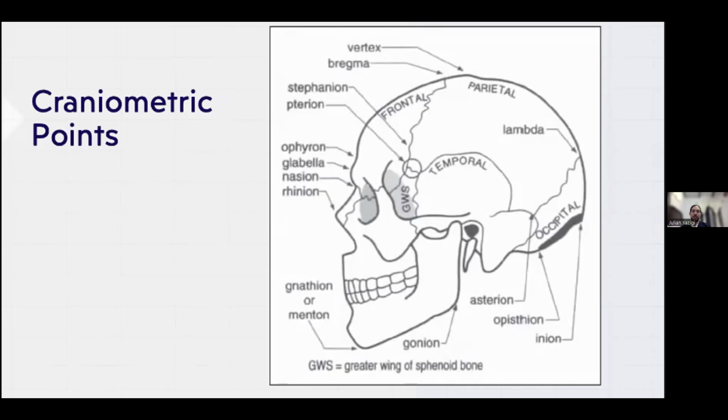The asterion-inion line approximates the course of the transverse sinus, while the asterion-mastoid trajectory reflects the course of the sigmoid sinus. These relationships are fundamental when placing burr holes, for example, in the posterior fossa, where even slight misplacement can result in some very major venous bleeding.